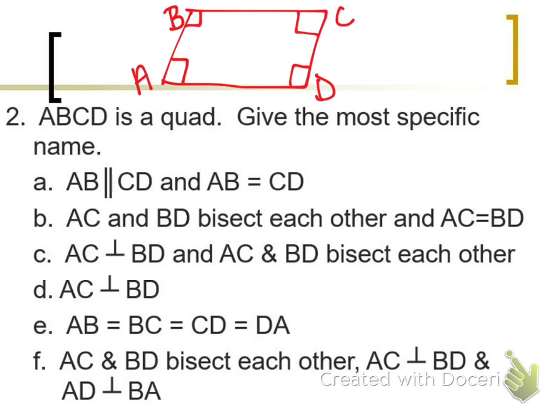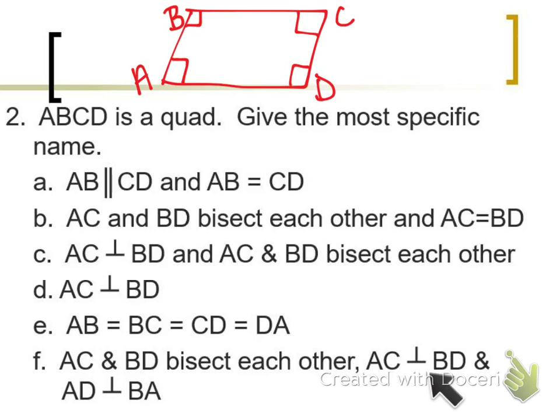So we have all four right angles, and we have that the diagonals are also perpendicular. So what does that tell us? It's a square. If we know all four angles are right angles in a parallelogram, that tells us it's a rectangle.